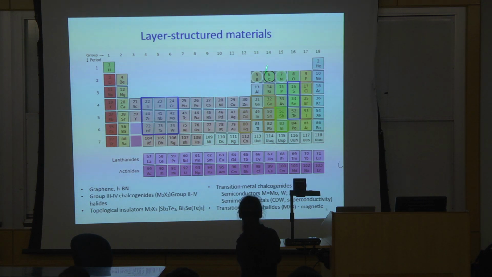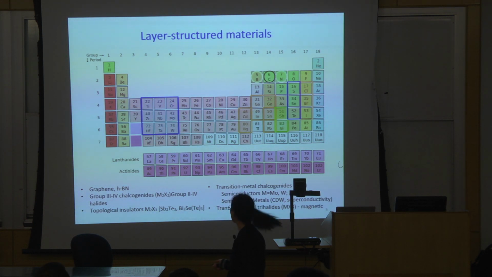Okay, so graphene is sitting here, and boron nitride is very similar to graphene. And then you can have group 3, group 4 chalcogenides, and the topological insulators, research going on in this department.